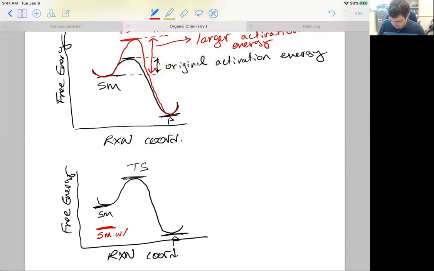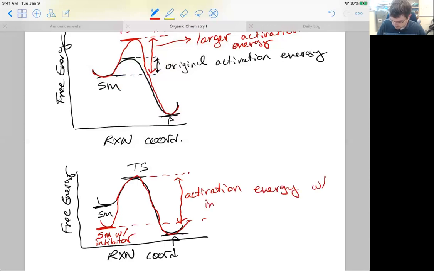This is now our starting material with our inhibitor. We have to climb a much higher barrier. It's the same transition state, but we have to climb a much higher barrier for the reaction to occur. And then this larger difference now is our activation energy. Okay.